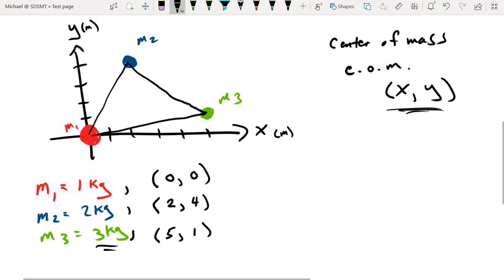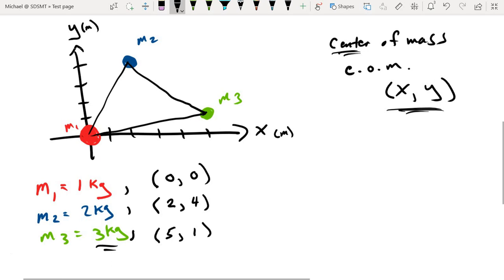And if everyone is in agreement, the center of mass for the system should be somewhere inside that triangle that I just drew. That goes with the idea of our point being somewhat centrally located in the system.